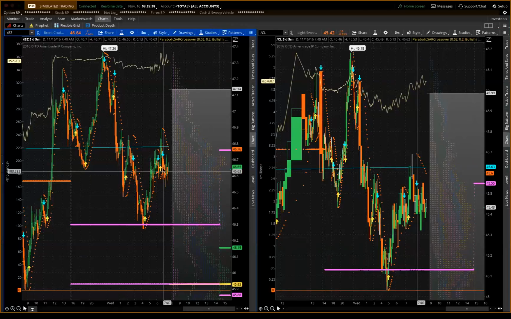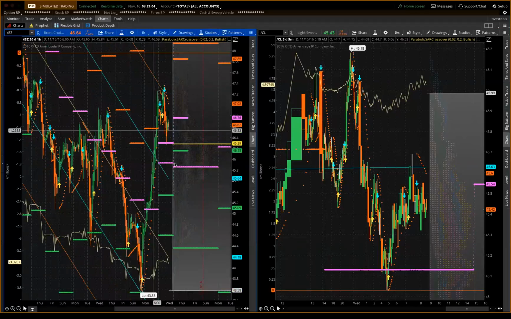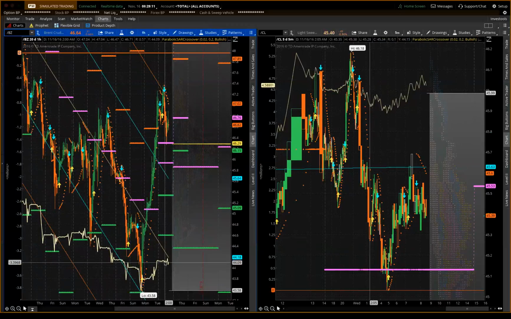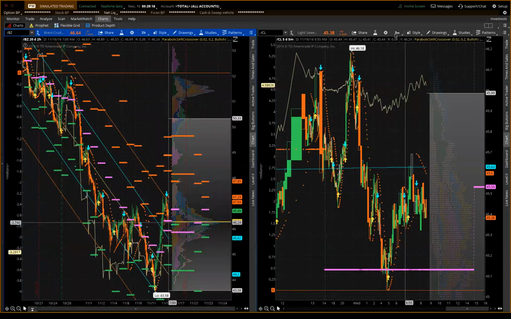Okay. Since oil has been trending up for a while, you'd want to support down in this area. If you saw follow through on the upside, the money flow should pick up. All right.